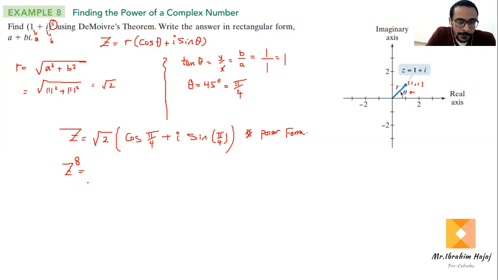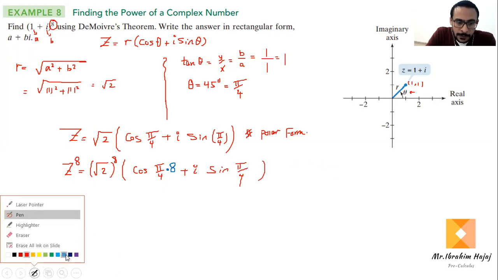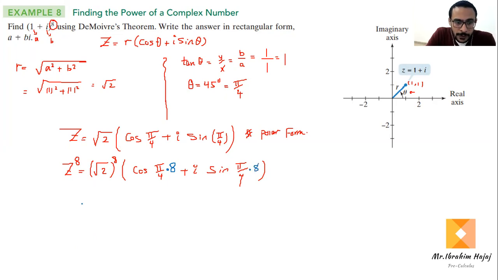According to De Moivre's theorem, we find z to the power of 8: radical 2 to the power of 8, and then cosine of the angle pi over 4 times 8, plus i sine pi over 4 times 8. You have to raise r to the power 8 and multiply each angle by 8, or by n.